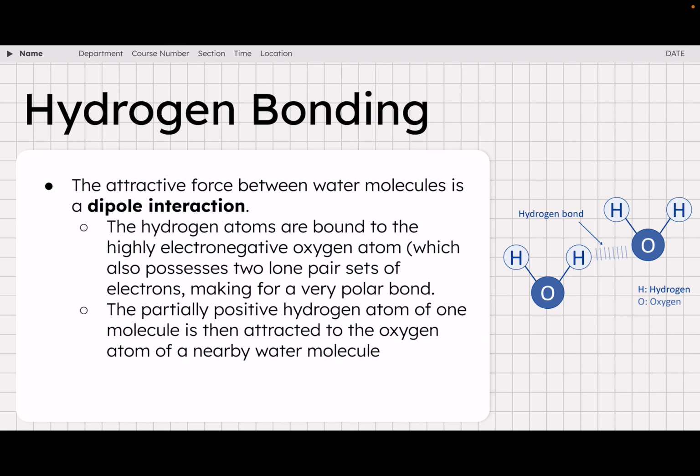So what does that mean? Well, the oxygen is very electronegative, so when it bonds with the two hydrogen atoms, the oxygen almost hogs the electrons towards its side. Even though it's not fully taking in the electron, it's almost as if that side has an imbalance, like we talked about with ionic bonding.